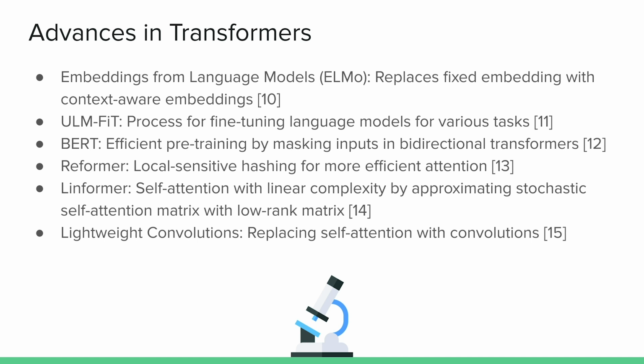One would be Embeddings from Language Models, or ELMo, where we replace the fixed embedding with context-aware embeddings. That makes sense when you're into language processing and you take the word stick. It can mean something completely different depending on where it appears in the sentence and what comes before and afterwards. So we need the context.